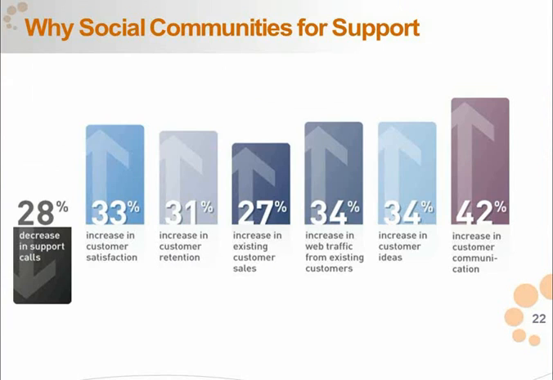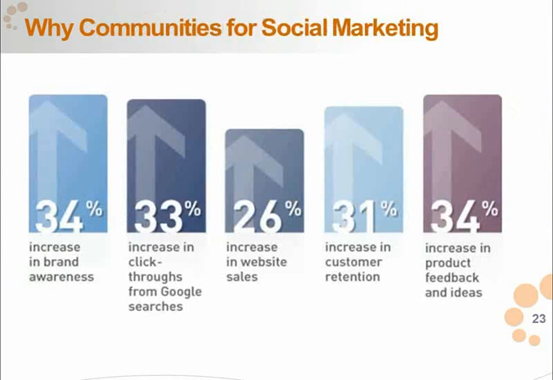These are great numbers and really are valuable if you're pitching this to your executive team trying to get budget. So why communities for social marketing? What this Jive study said is a 34% increase in brand awareness. The other thing is, when you're pushing out all this information to all these third-party communities, you're driving people back to your site. The other clear benefit is that you're increasing your rankings in Google searches.